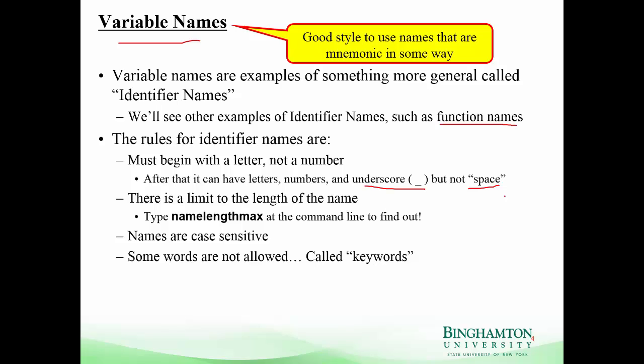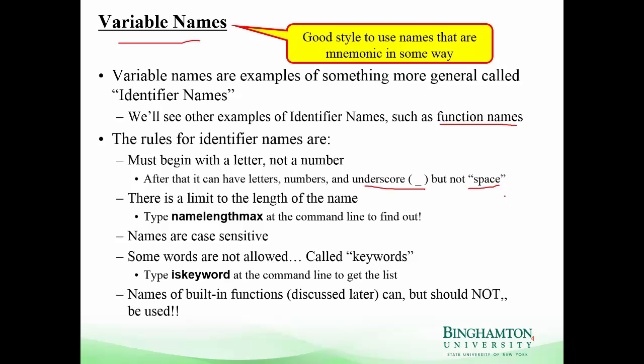So there are some words that are not allowed. MATLAB calls these keywords. If you go to the command line and type iskeyword, it will give you the list of all the words that you're not allowed to use by themselves as an identifier name. Now, MATLAB has a bunch of functions that they've written for you to use. For example, there's one called FFT, which is popular in signal processing.